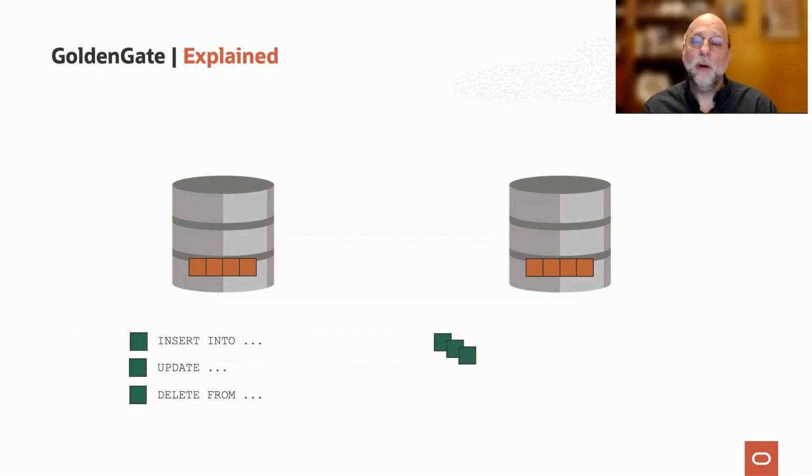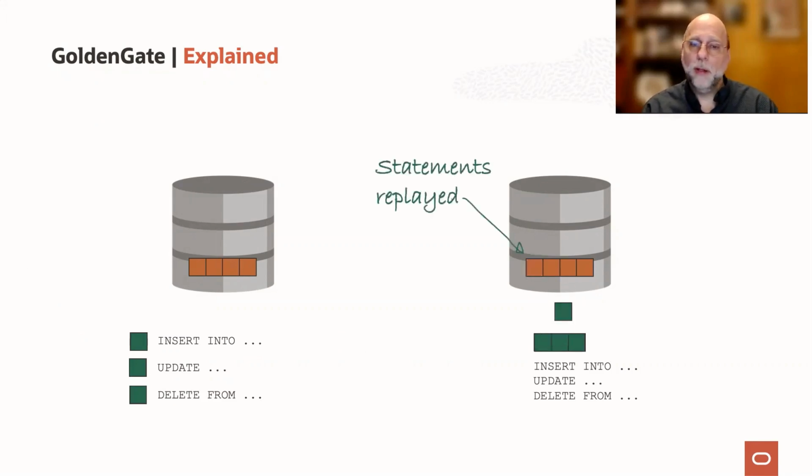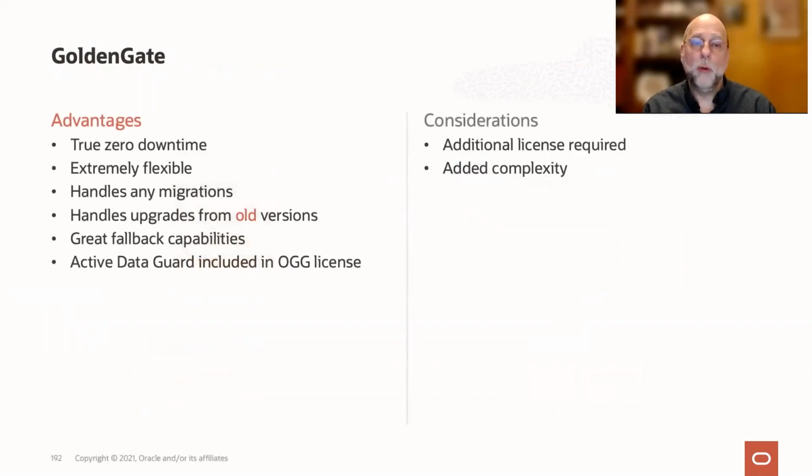And then later on, it can replay those statements. So kind of a logical replication into that target database, which could be on a different platform, different version, have a different topology inside it, even a different database architecture. As we replay those statements, we will catch up. And once we catch up, you can make that switch over with minimal or even, in some cases, zero downtime.